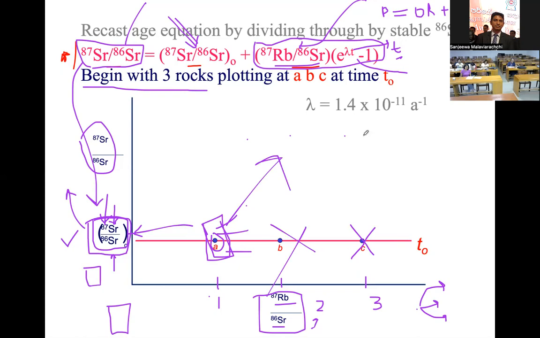That's why people like mineral isochrons very much. If you plot these three minerals in your strontium-rubidium plot, you call it a mineral isochron, a rubidium-strontium mineral isochron. But in this case, we are plotting three rocks, assuming that they are coming from one single source.